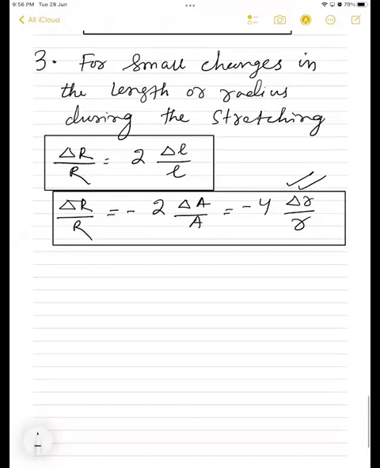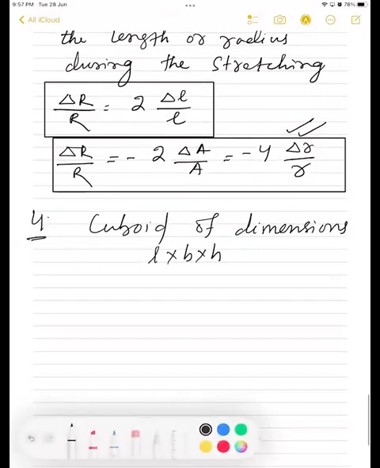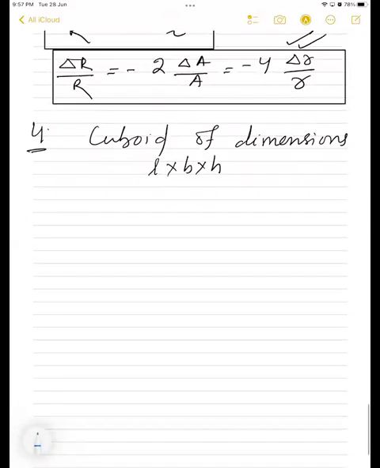Students, another one thing, see here. We'll be doing a cuboid, right? There is a cuboid of dimensions L, B, H: length into breadth into height, right? That means it's like this.